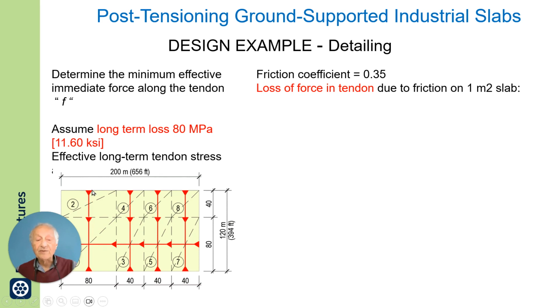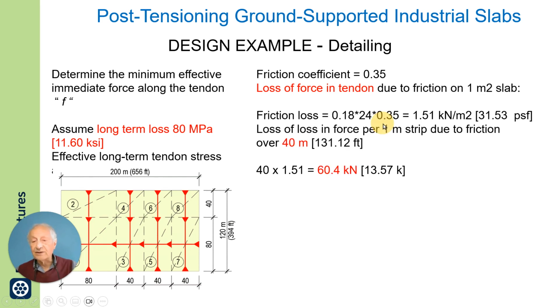So I have the force here. I have allowed for some long-term loss. I have the friction between the slab and the ground. So I should be able to find the tendon force at the very end. So loss of force for 1 square meter friction will be, this is the weight, slab thickness, density times friction.